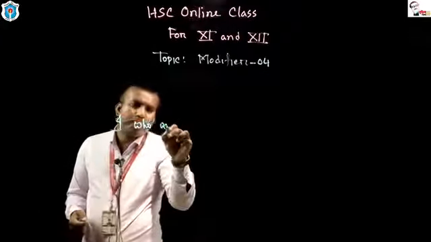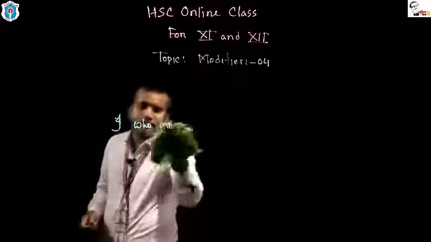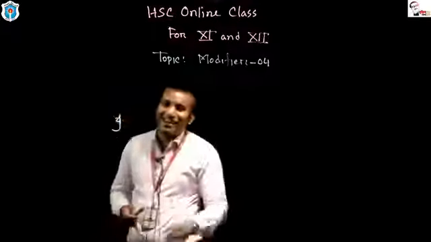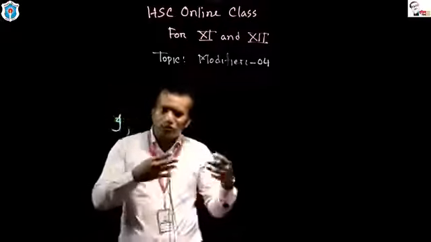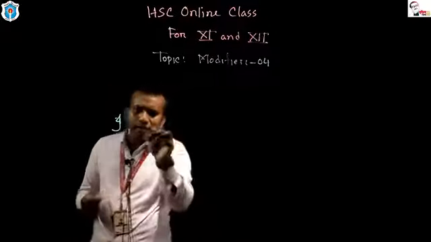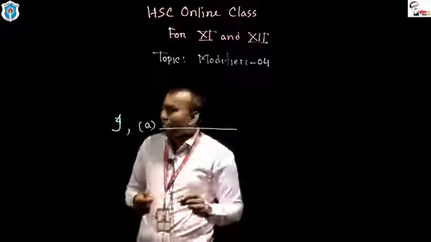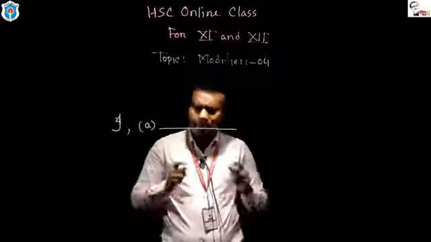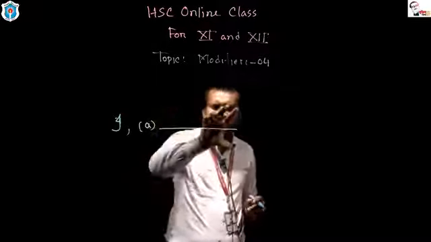Sorry, extremely sorry. Actually, I wanted to give you a question, but I started writing the answer. I'm going to show you the question pattern of modifier. Okay, this is question number A. That means in the modifier part, after a certain word or phrase or clause, a gap will be given.